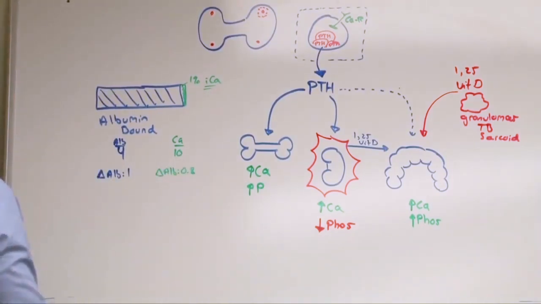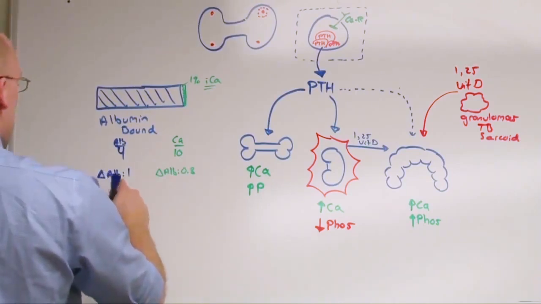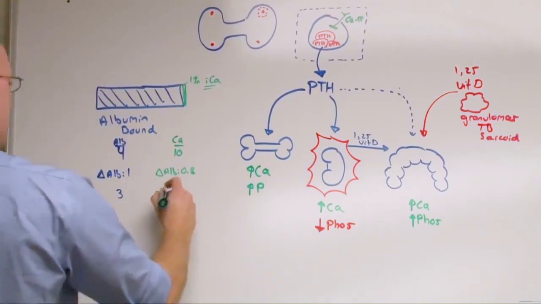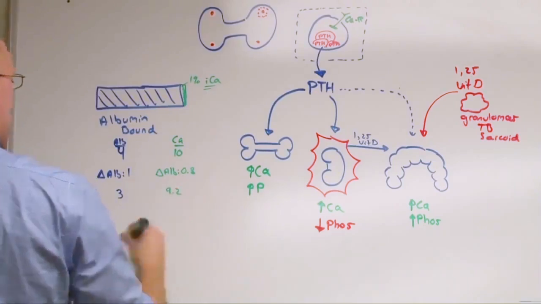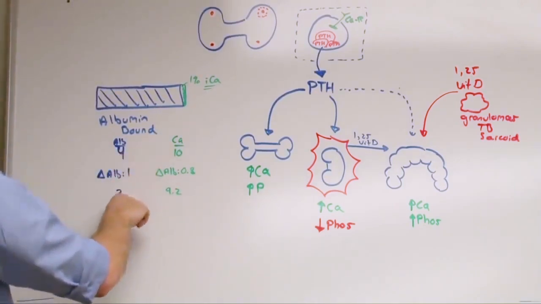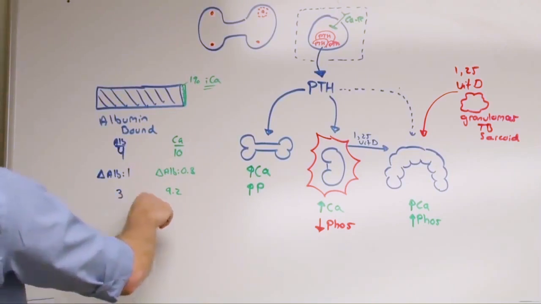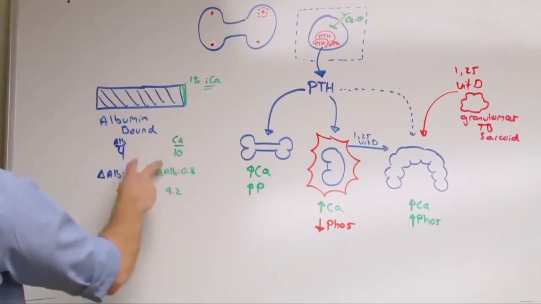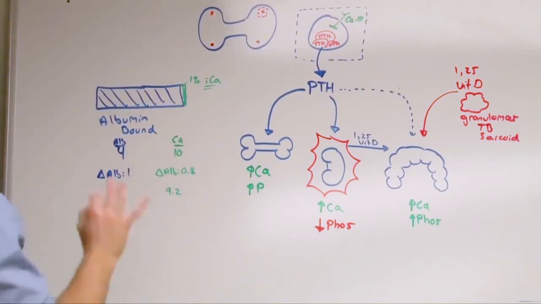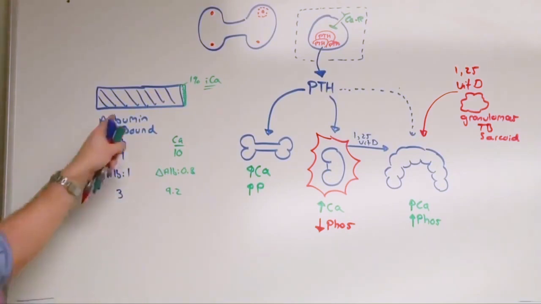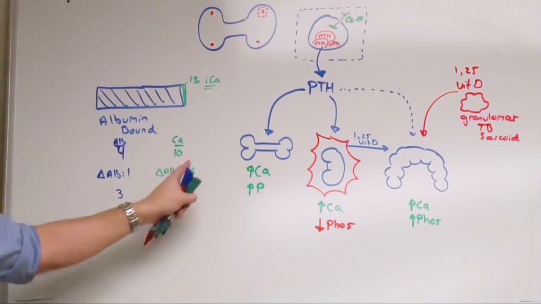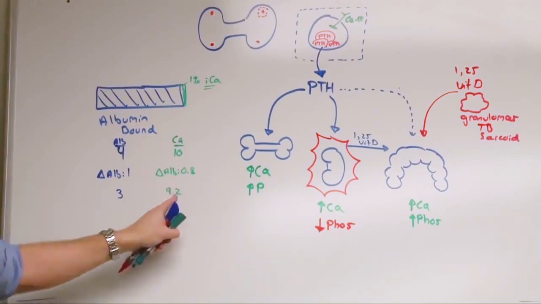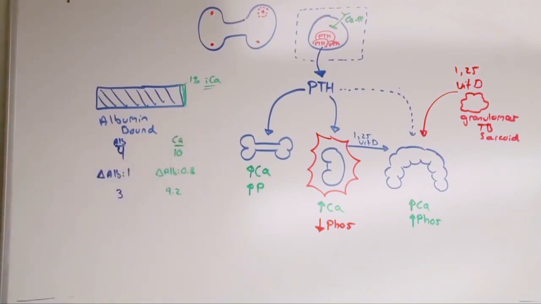What I mean is, if the albumin is 3, the calcium will say 9.2. Because the albumin changed by 1, you add back the 0.8 to 9.2 to get 10. These numbers say the same thing. The calcium level is the same, but because most of the calcium is albumin bound, when you measure calcium, the measured value may not reflect the true ionized calcium circulating value.